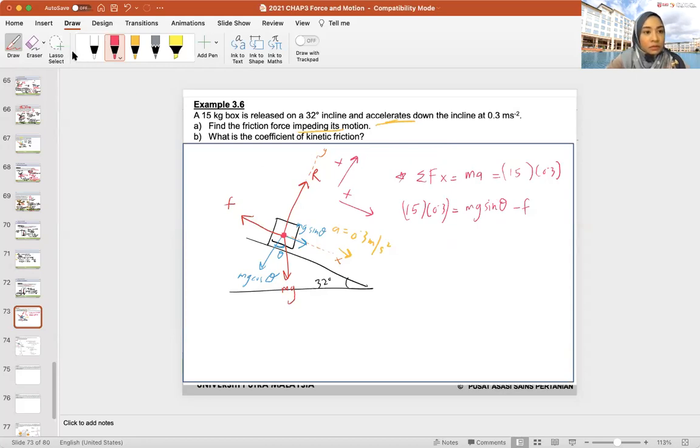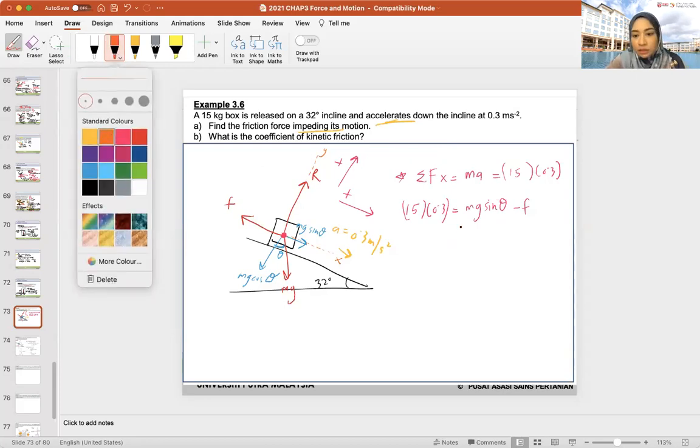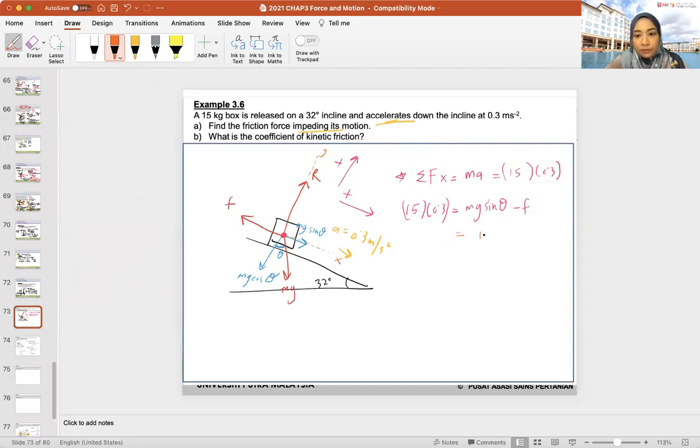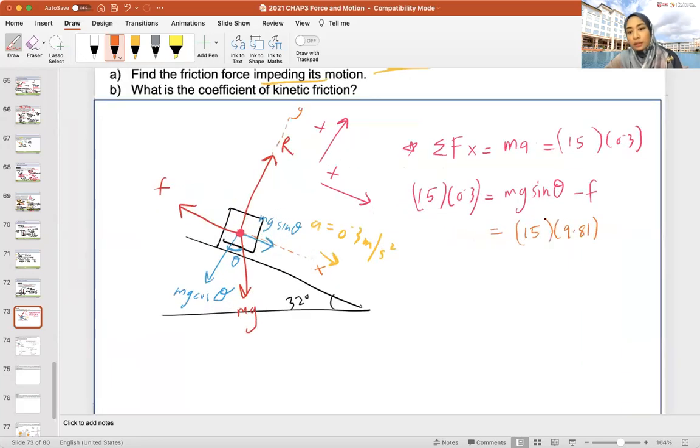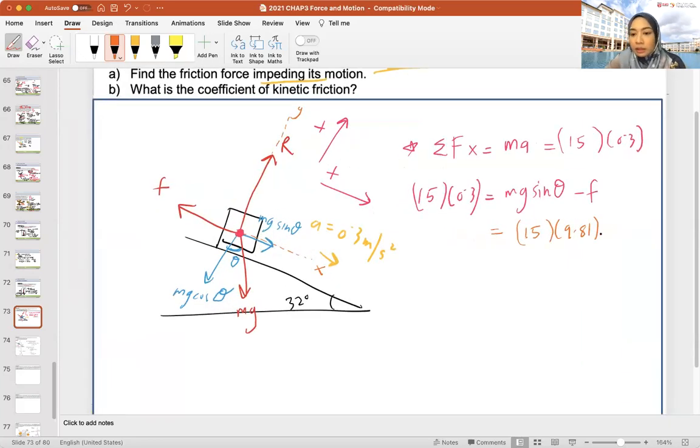Okay, so now kita boleh letaklah kot value-values dia. This guy is 15. This is 9.81, and this is sine 32 minus f. This would be 15 times 0.3.